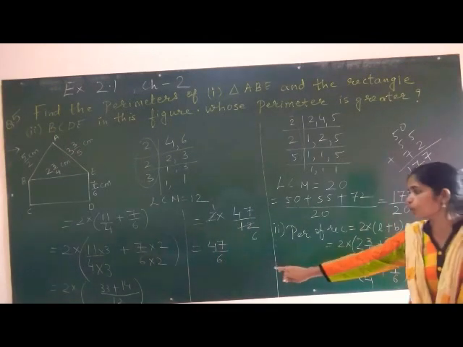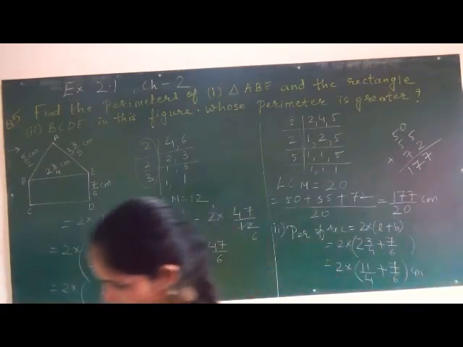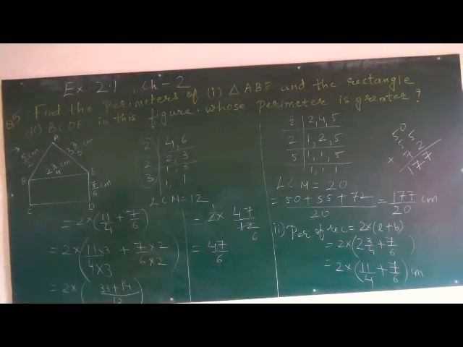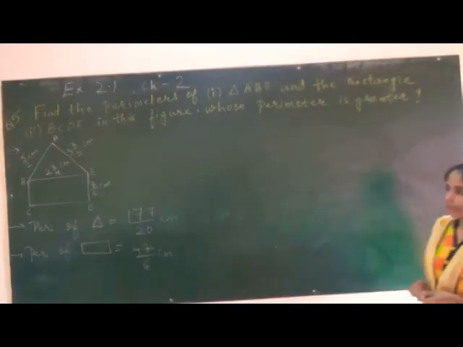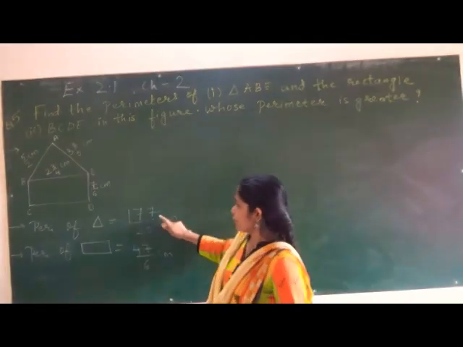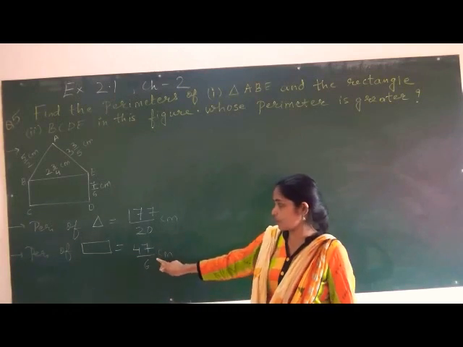Now out of these both, who is greater? That we need to find out, which one is greater. Now we got perimeter of triangle 177 upon 20 and perimeter of rectangle 47 upon 6.